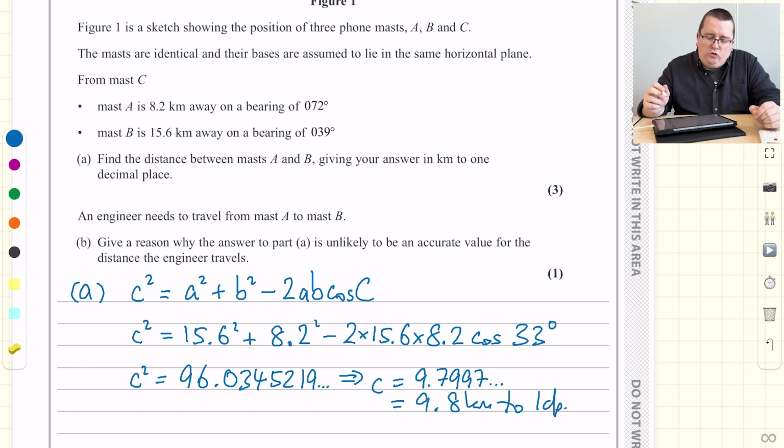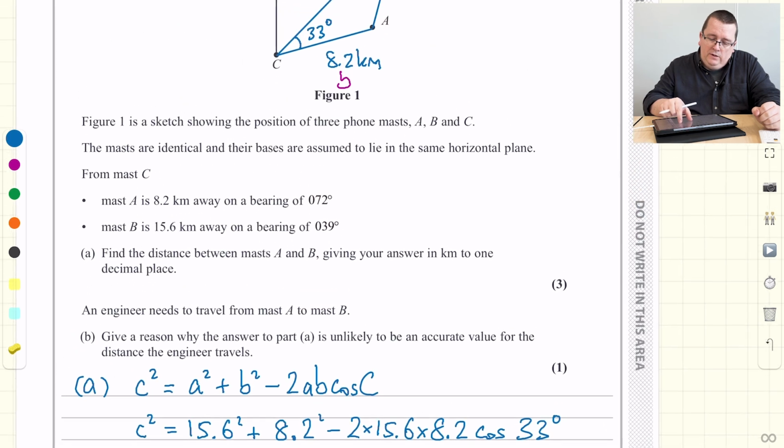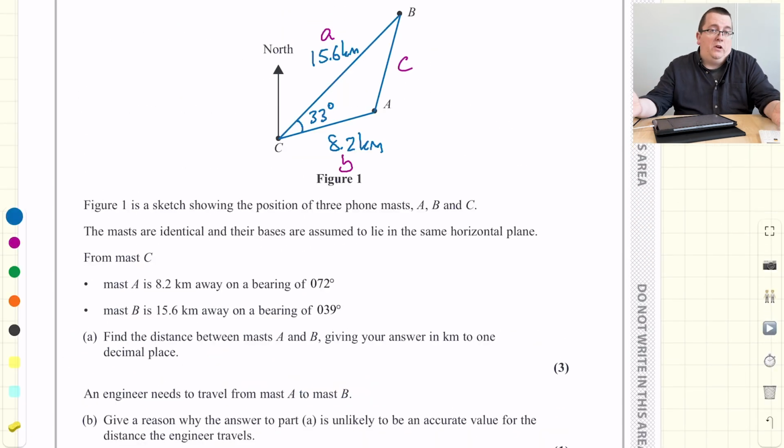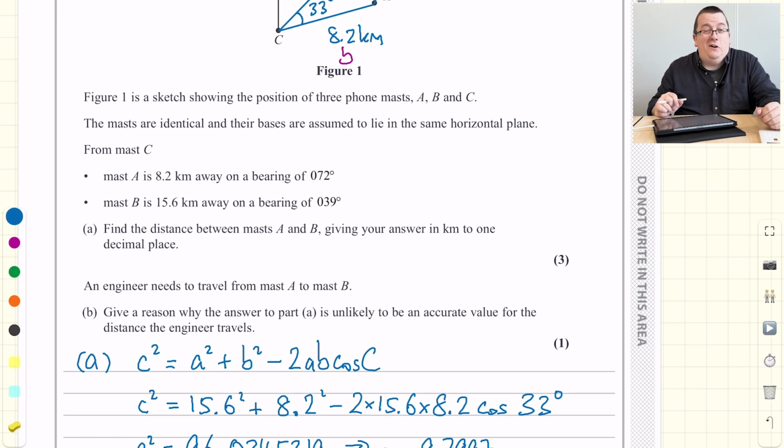An engineer needs to travel from mast A to mast B. Part B, give a reason why the answer to part A is unlikely to be an accurate value for the distance the engineer travels. So remember, these distances are in kilometers. They're quite far. So the engineer is travelling from A to B, which we've just worked out is 9.8 kilometres, and that's a straight line, right?